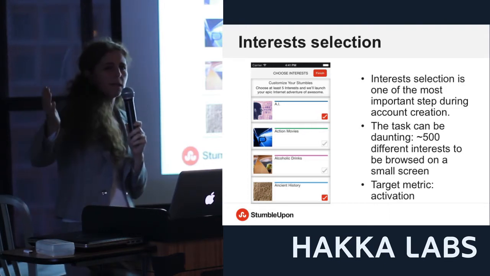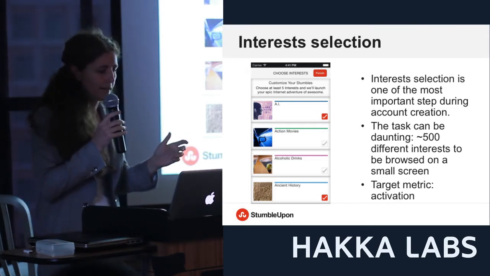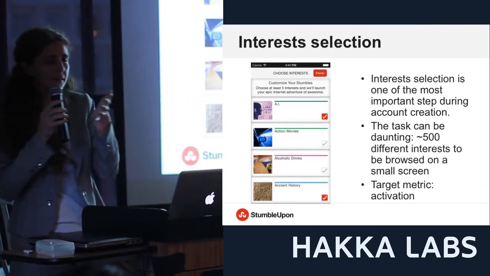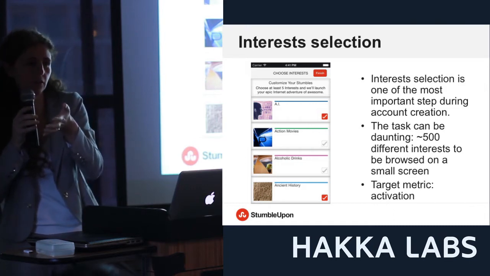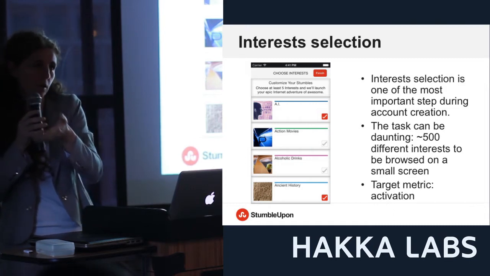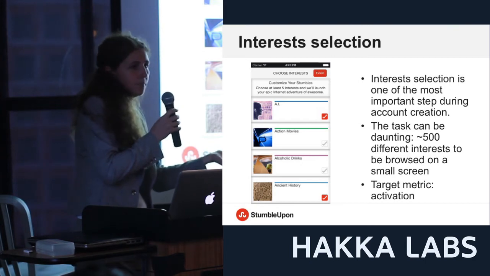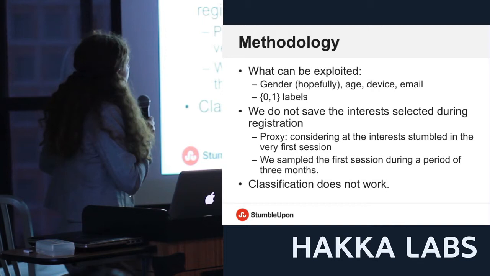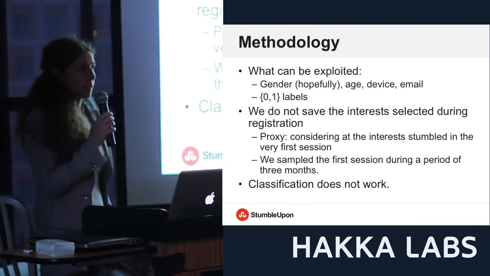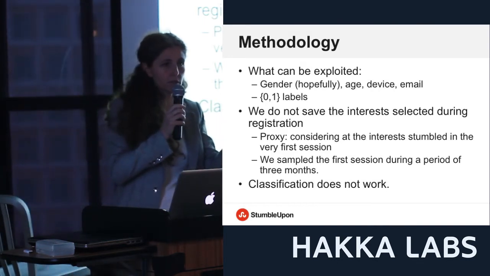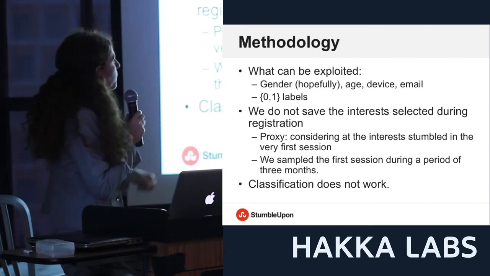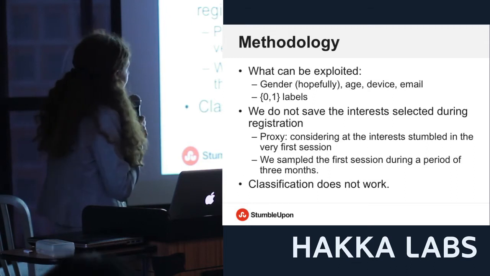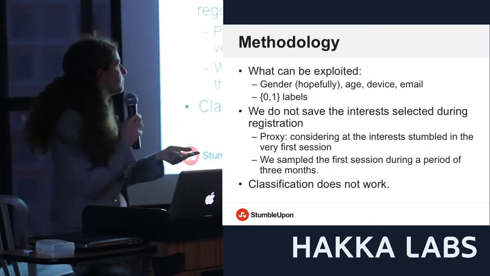So we saw that interests are powerful: given the interests, we can understand the user. What if, given the user, we try to present them with the best interests for them? But what we know at the moment the user is creating an account is the gender, hopefully, if they told us, the age, the device, the email, and that's it.